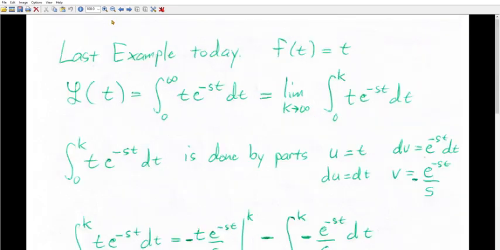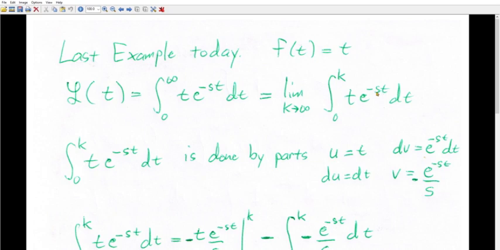Okay, let's do one more example. f of t equals t. The Laplace transform of t is the integral from 0 to infinity of t e to the minus st dt, which is going to be the limit as k goes to infinity of the integral from 0 to k of t e to the minus st dt. Now, this integrand is trickier.